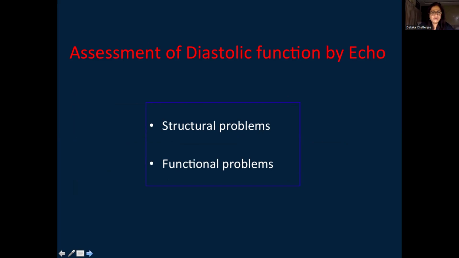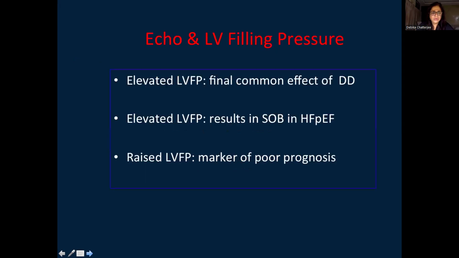Because by echocardiography, we not only get an idea about the structural problems of the heart, which may give rise to diastolic dysfunction, we can also come to know about the functional problems related to the diastolic function.